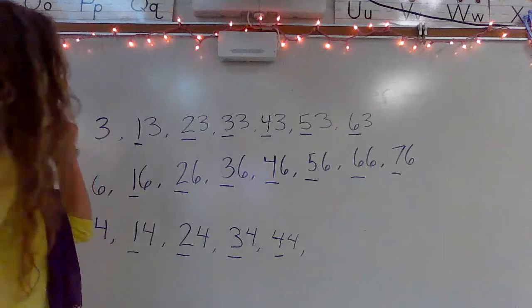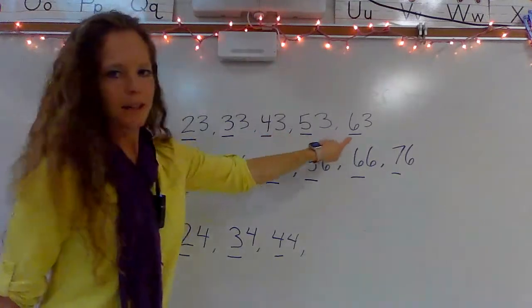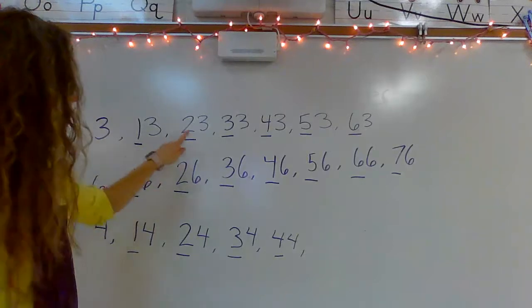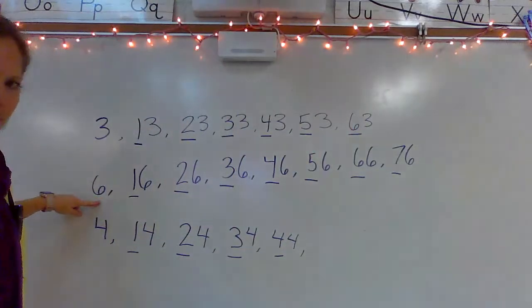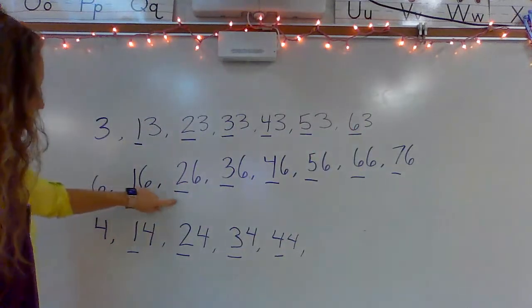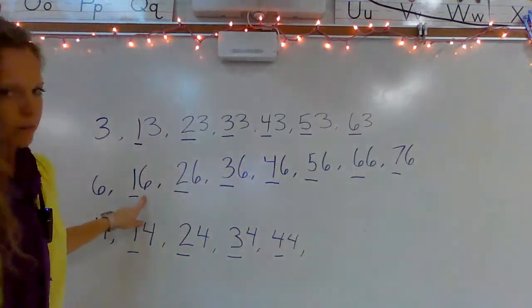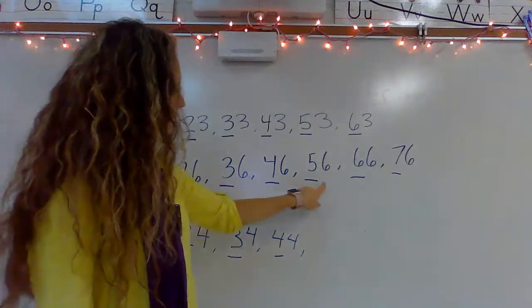You see it's going up by 10, 20, 30, 40, 50, 60, and the number in the ones place remains the same. It's always a 3. In the second example, we had 10, 20, 30, 40, 50, 60, 70, but the 6 remained the same in the ones place.